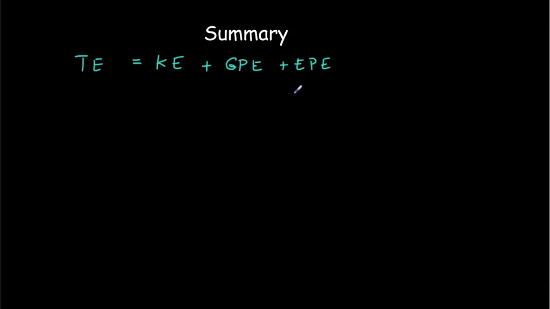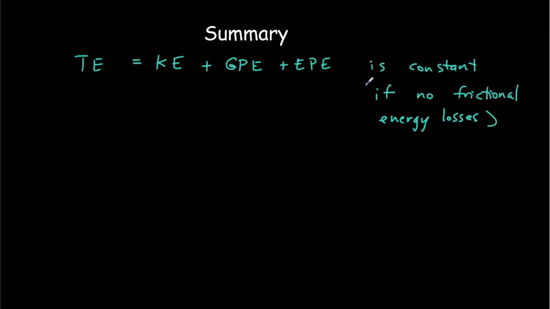Later on, we might look at electric potential energy, etc. But that total energy is constant if no frictional energy losses. So we can look at different points in time for our system, and we might get all kinds of transfers of energy, but that total amount would stay constant.